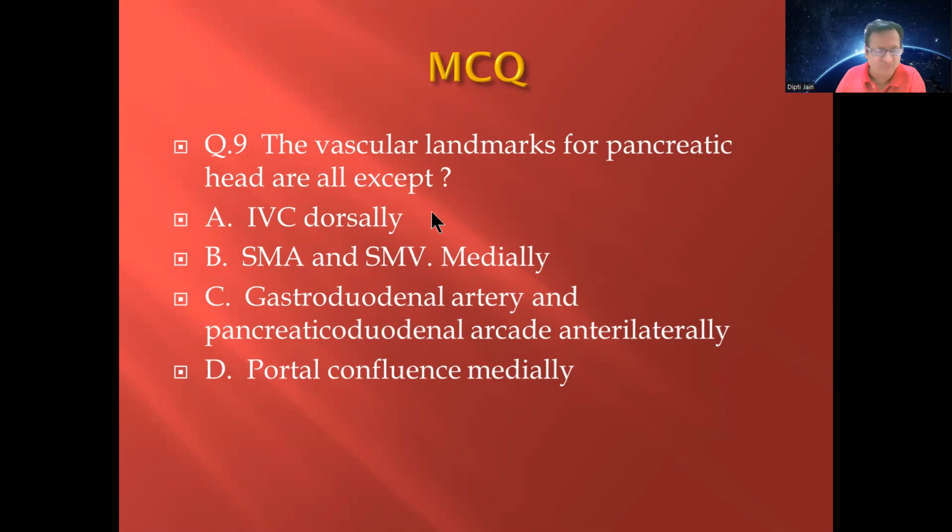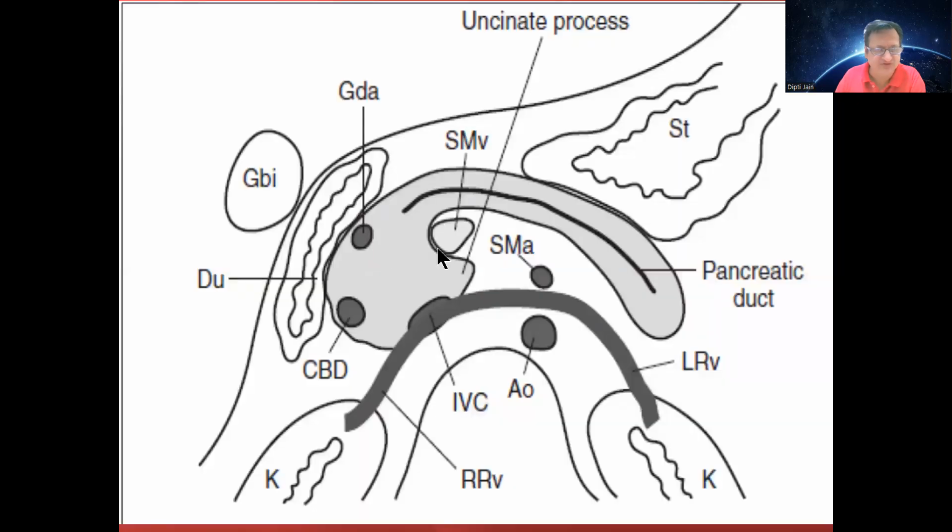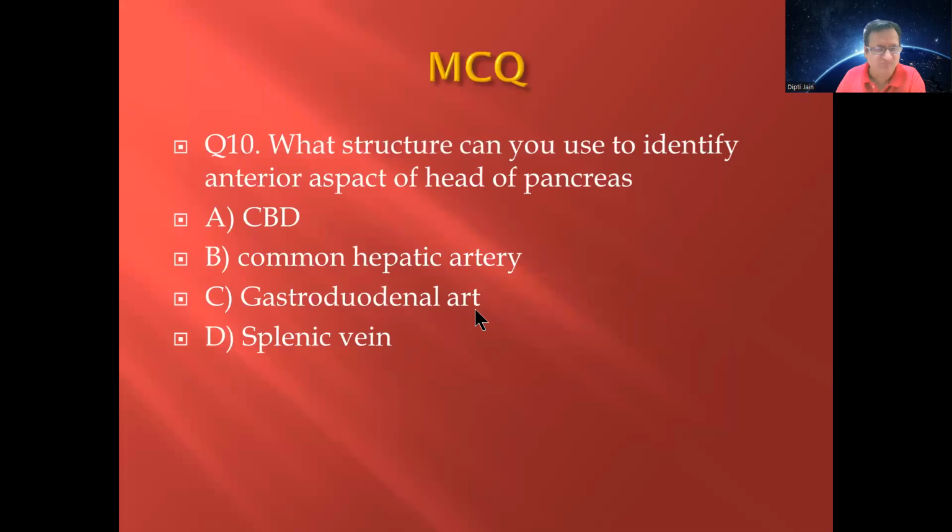The landmarks for the pancreatic head, we already discussed: IVC posteriorly, SMV and SMA medially, gastroduodenal artery anteriorly, and CBD posteriorly. These are the relationships of the head.